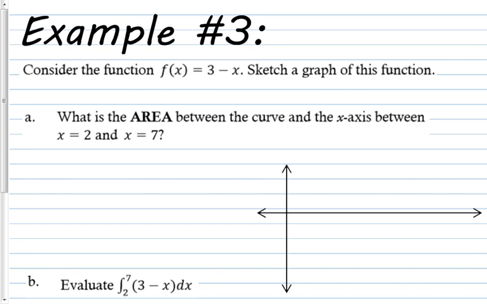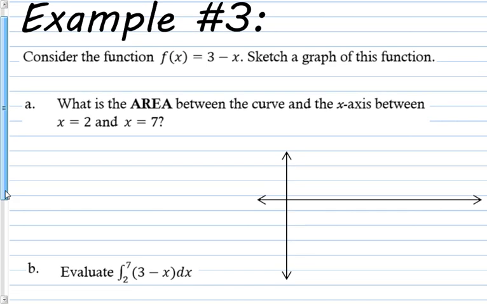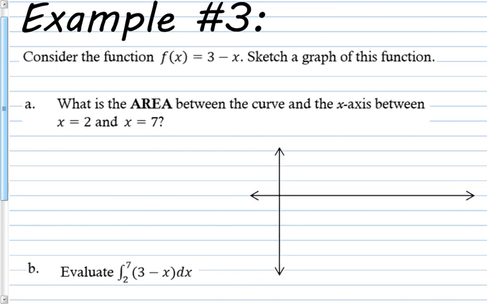Example 3. Consider the function f of x equals 3 minus x. Sketch a graph of this function. For part A, what is the area between the curve and the x-axis between x equals 2 and x equals 7? First I'm going to graph the function. Let me move this a little bit. Right there's good. I am going to go ahead and do a table, x and f of x.